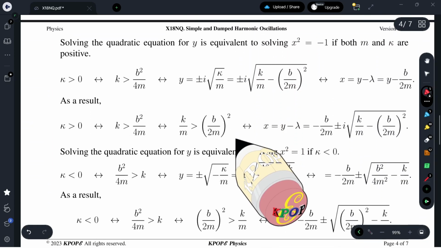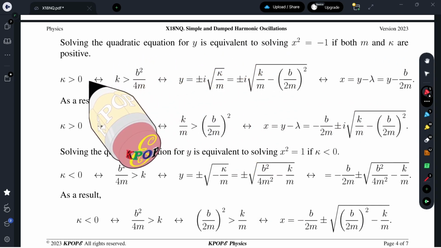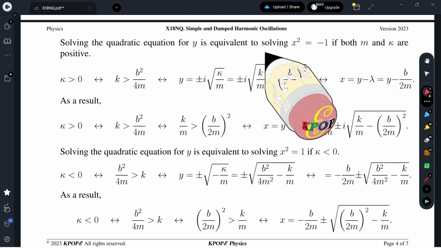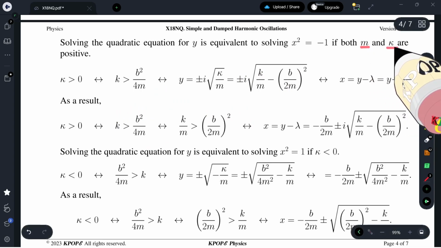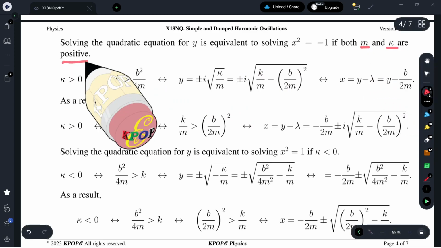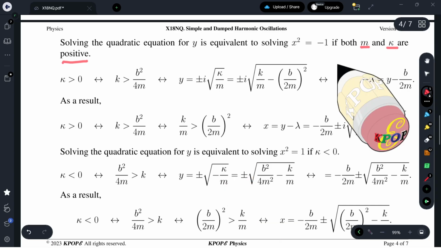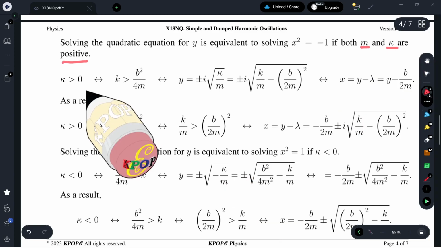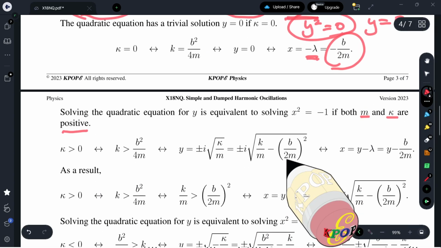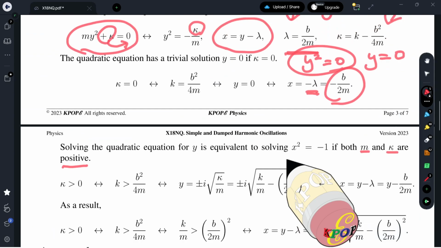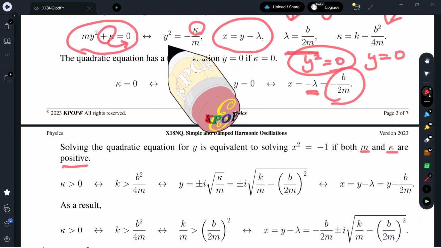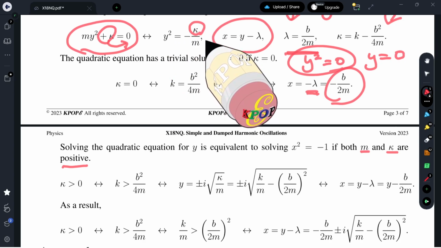Next, we consider the case when both m and kappa are positive. If it is the case, because both of them are positive, then y squared is negative.